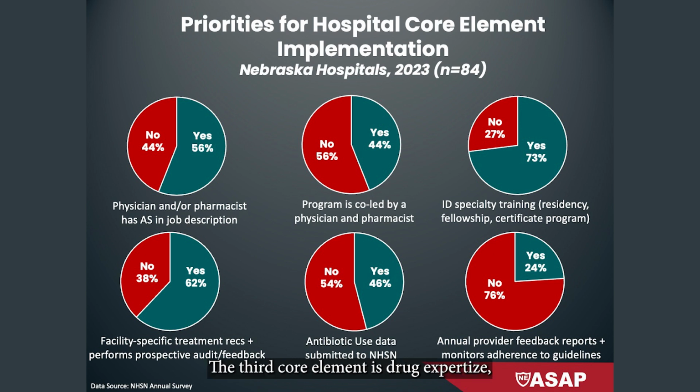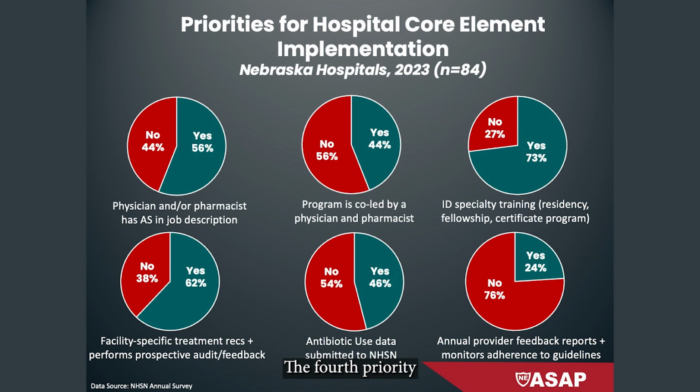The third core element is drug expertise, and they recommend for the priority that the leader of your program have specific training in infectious diseases, whether that be formal through a residency or fellowship, or more informal through an online certificate program that you can do on the job. And so we see about 3/4 of our hospitals in the state have at least provided their leader with some opportunity to get some specialized training.